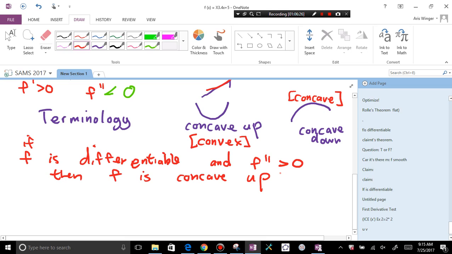Most of the functions we'll deal with will have all sorts of derivatives. And the reason is because when we model real life, well, first of all, most phenomena are pretty continuous and differentiable, right? Those people who have to deal with the temperature at a particular place when lightning strikes, they have a lot of problems, right? That's a non-continuous differentiable issue, right? But for the most part, when we model things, they're with nice smooth functions. And so similarly, if f double prime is negative, then f is concave down.